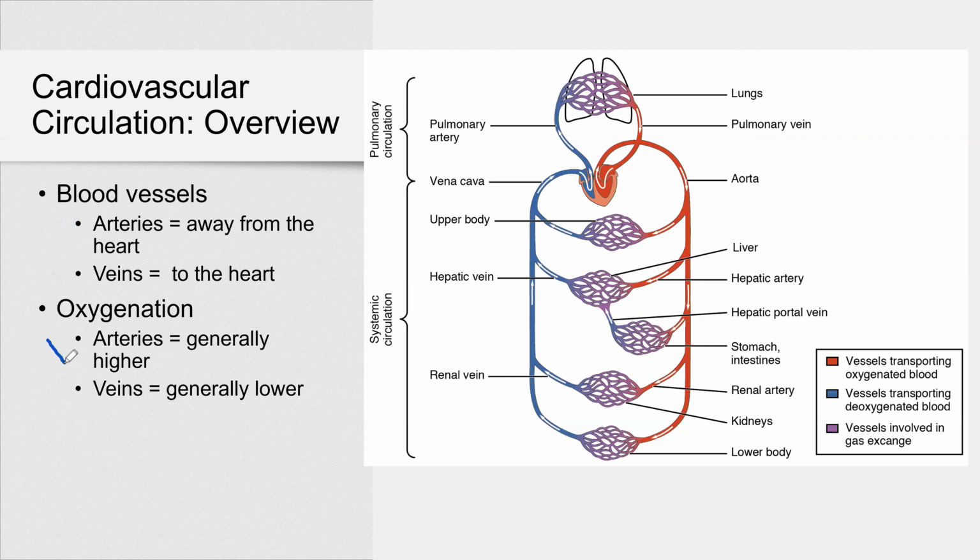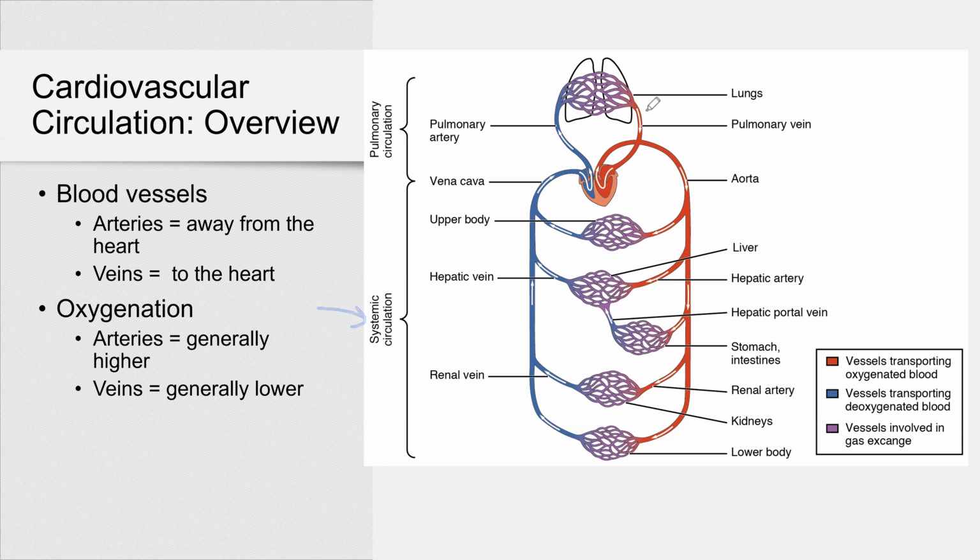Generally, arteries are oxygenated and veins are less oxygenated or deoxygenated. I mean, blood within arteries is oxygenated, blood within veins is deoxygenated. But this is only true for systemic circulation.